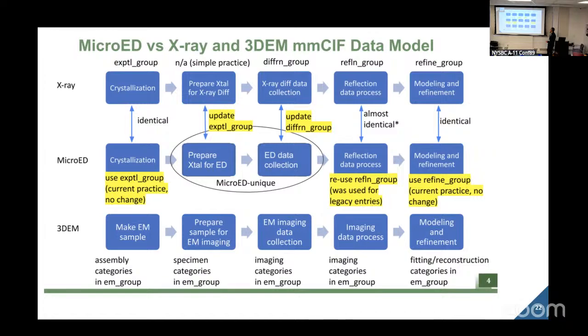As you can see here, the preparation of the crystal for electron diffraction will be some update to the existing EXPTL group, and the diffraction group will be updated to include electron diffraction. This is also in the context of the CIF being updated with the ED extension for small molecules.